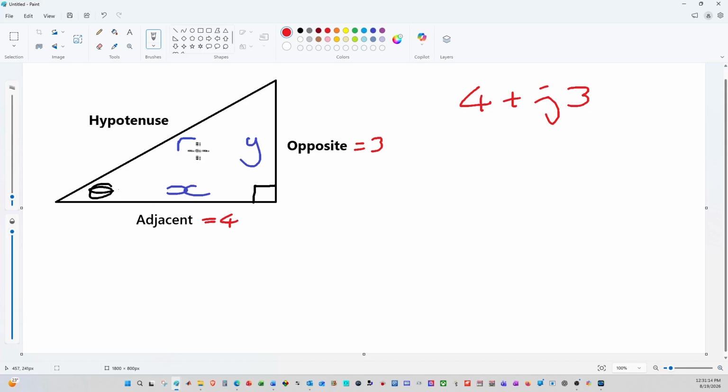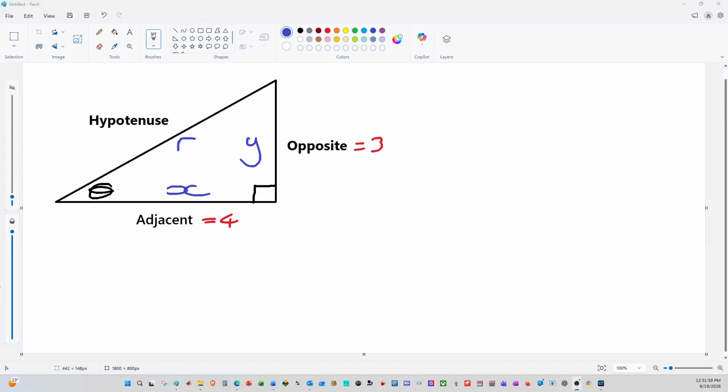Now, what we're trying to get is the polar notation, which makes use of r and theta. In other words, we want r with an angle of theta. In order to do this, we're going to use what we did on the previous two videos, which is to have a look at the trigonometric equations.